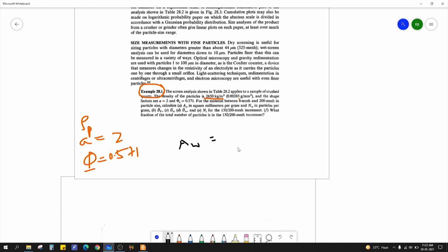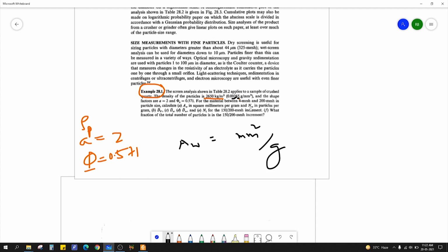You can easily calculate it, but remember the unit is square millimeters per gram. Since the density is given in both units, you can use this one. But remember, the summation is over all the mass fractions from 4 mesh to 200 mesh.